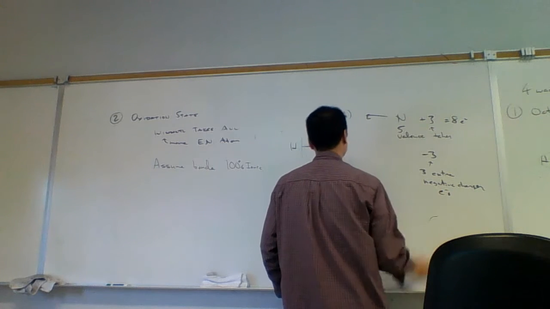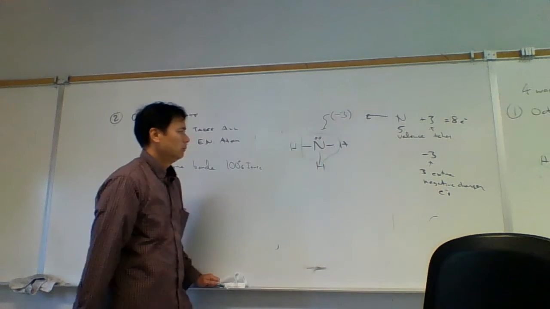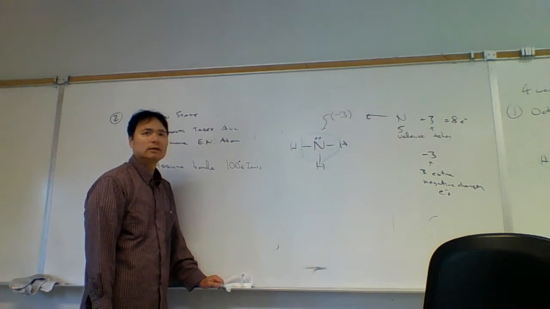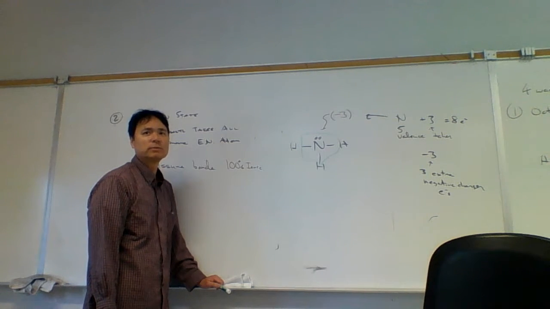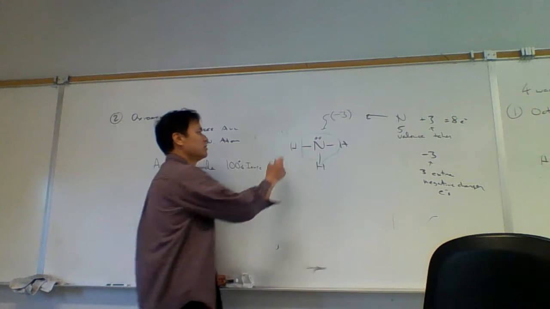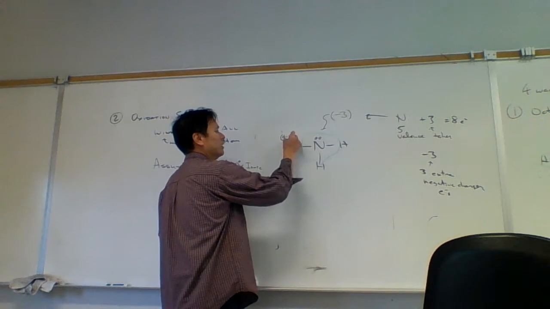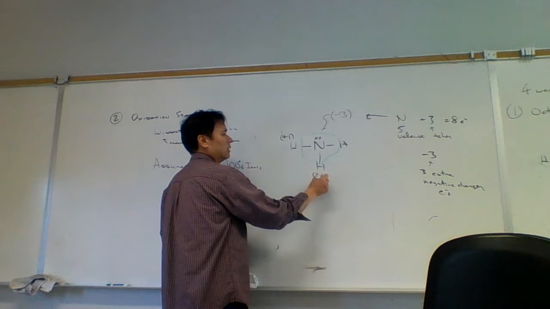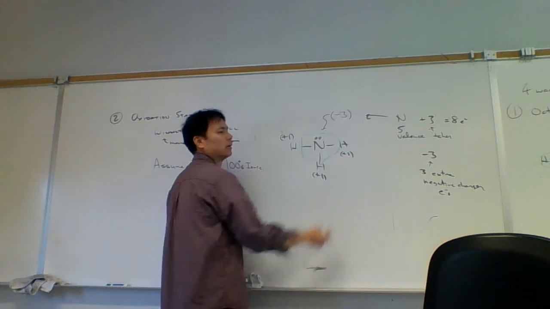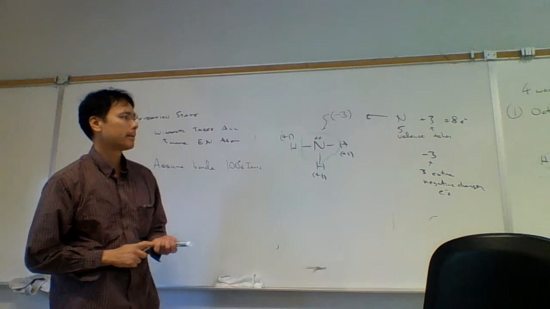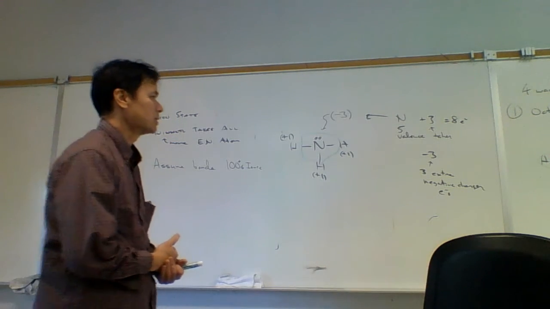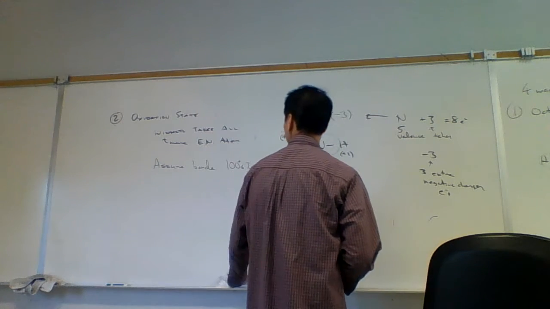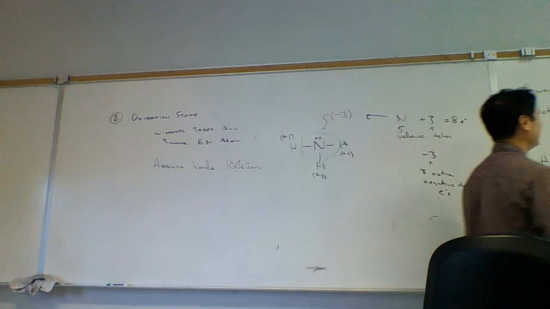Well, that leaves hydrogen with how many electrons? None. And each hydrogen contributed how many? 1. And so hydrogen ends up short. And so hydrogen's going to get +1. That's oxidation state.